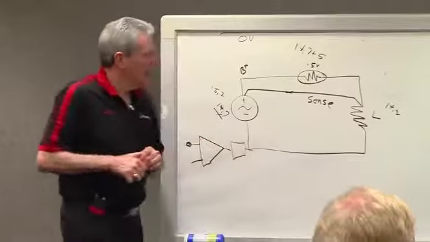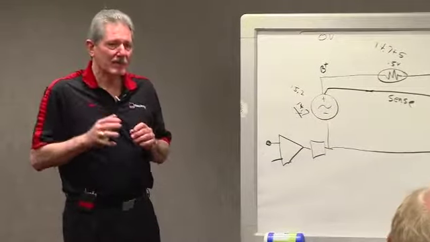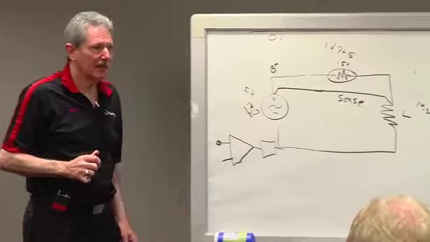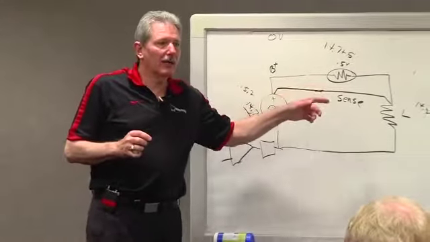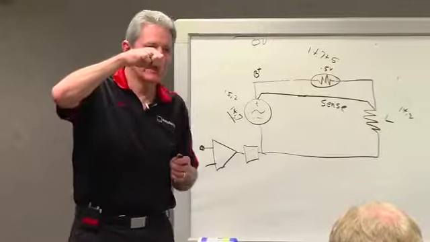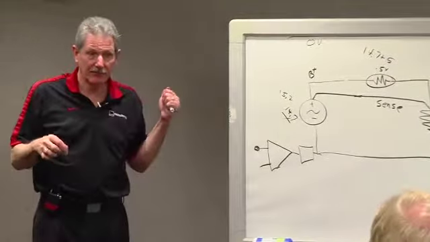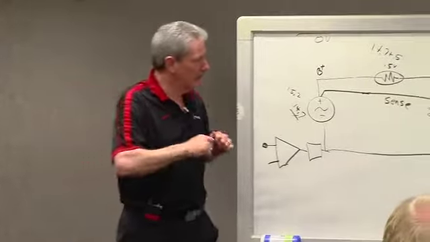Okay. What happens if this opens? This can open by losing the B+ power connection on the back of the alternator. Remember I told you earlier?